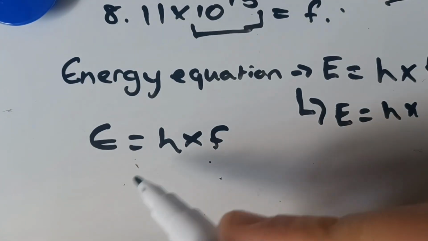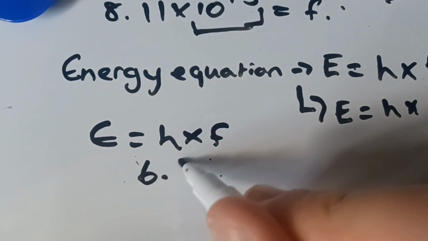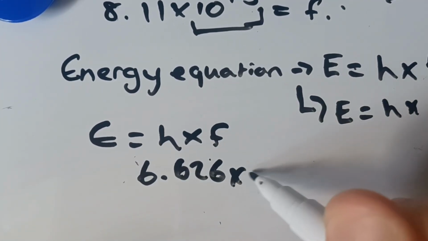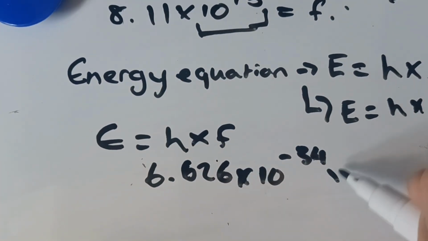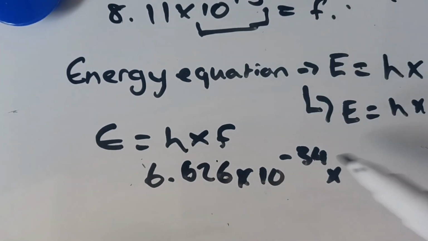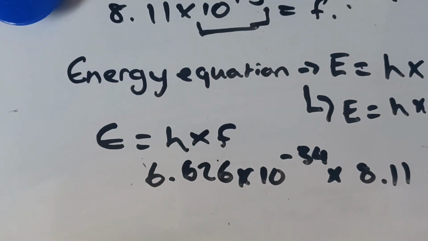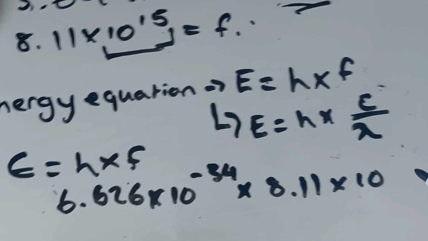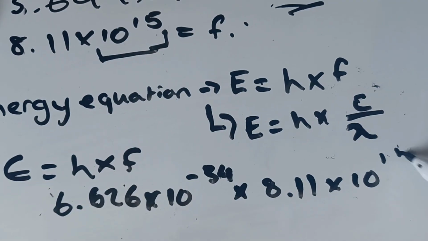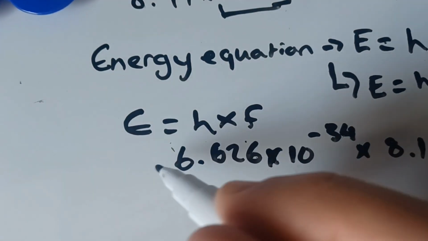So our Planck's constant is 6.626 times 10 to the minus 34. We're going to times that by our frequency, 8.11 times 10 to the 15, and that will give us our energy.